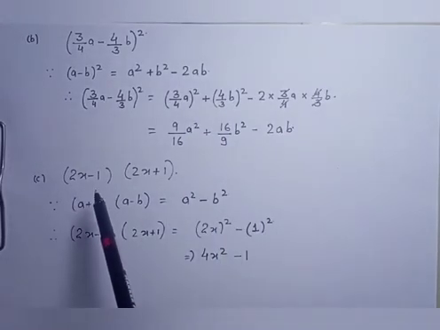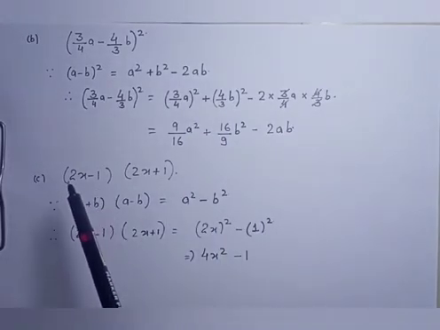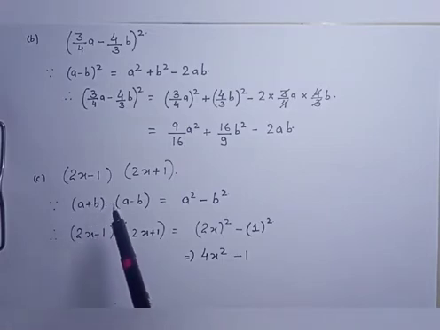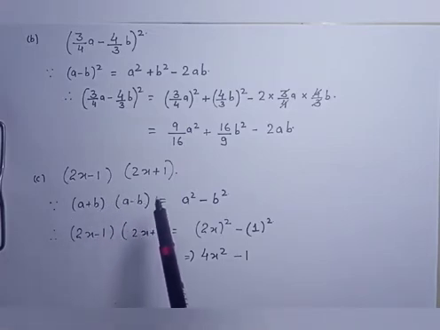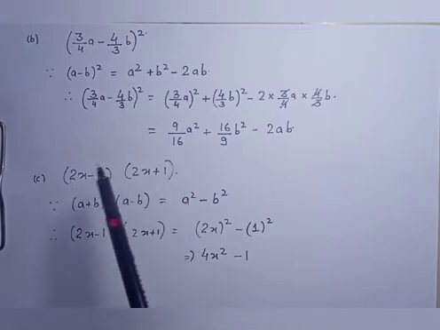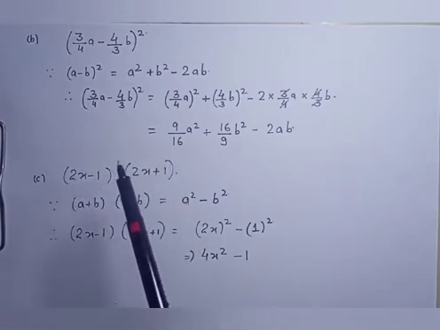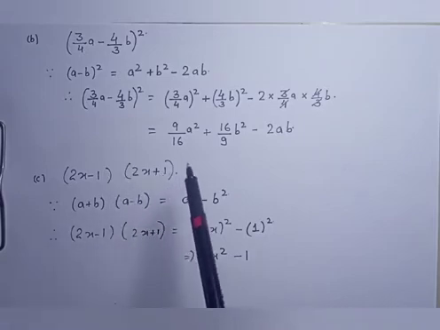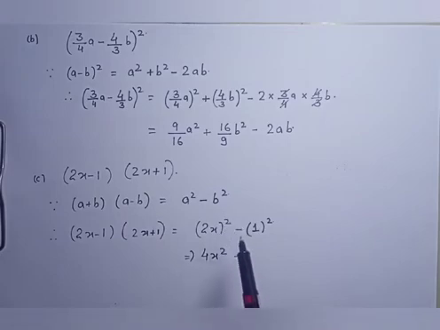Let us move to the last identity, that is (a plus b) in one bracket multiplied by (a minus b). Through this formula we are going to solve this problem, that is (2x minus 1) in one bracket, (2x plus 1) in one bracket, that is (2x) whole power 2 minus 1 whole power 2, that is 4x square minus 1.